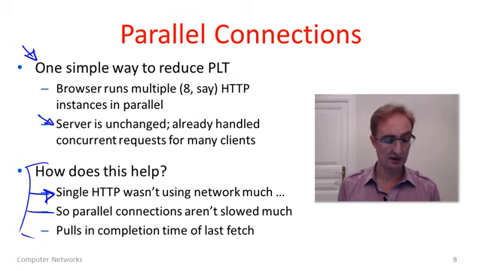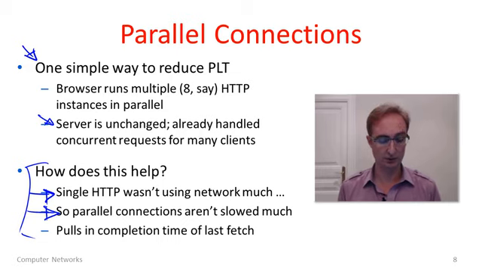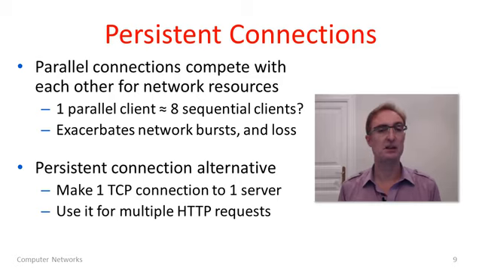That means if we run our connections in parallel, they're not going to be slowed down by very much, because now they're actually making use of something that they weren't using before. If that's the case, we'll pull in the last one to complete, and that will reduce the page load time, so we'll be better off. So parallel connections are something which is widely used in practice. But there's something even better that we can do, and this is called a persistent connection.